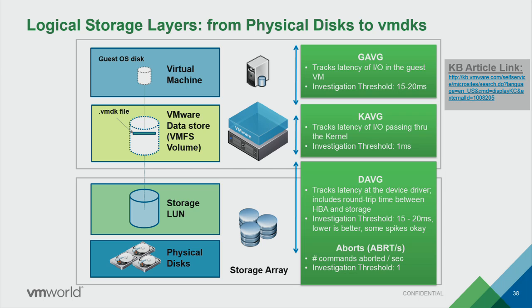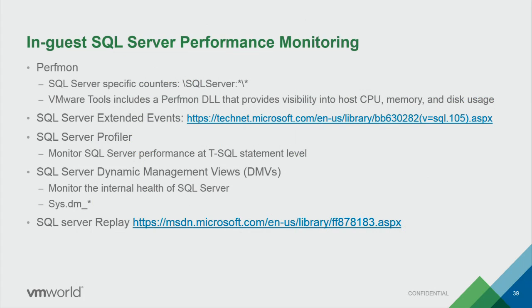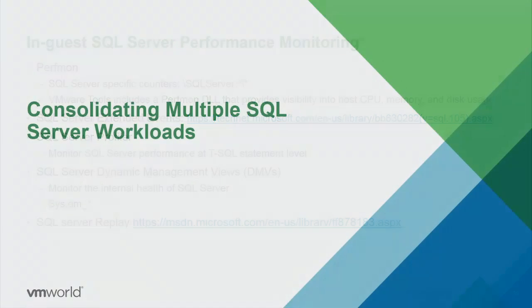There's a great KB article in the upper right-hand corner that tells you how to use all this. Of course, as you DBAs know, there is no difference in monitoring SQL Server at the SQL Server level, whether it's a VM or physical. You can still use perfmon, extended events, profiler, etc.